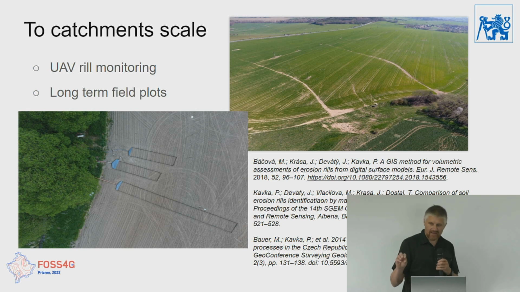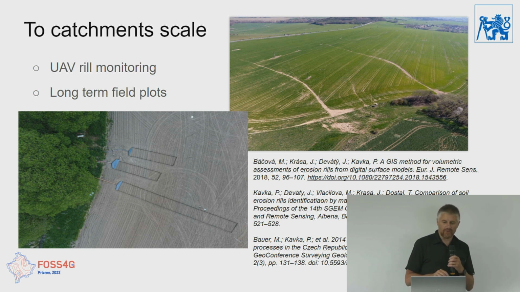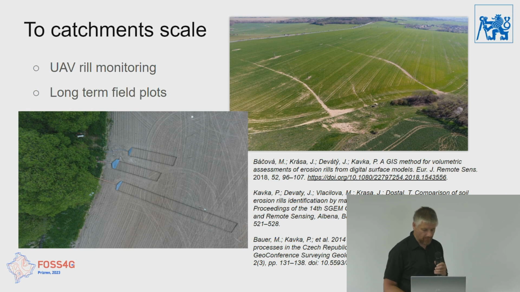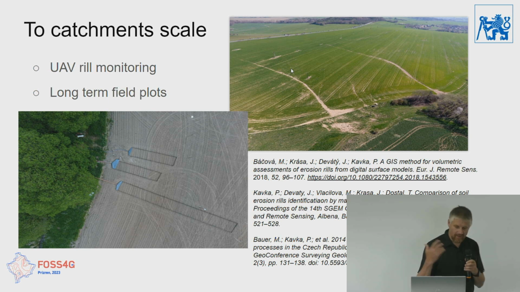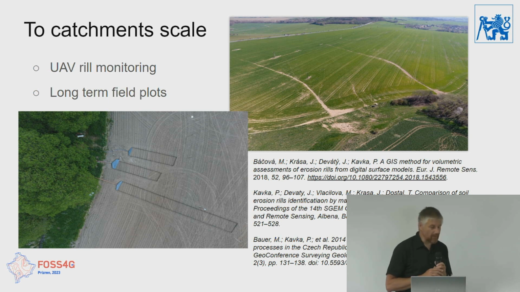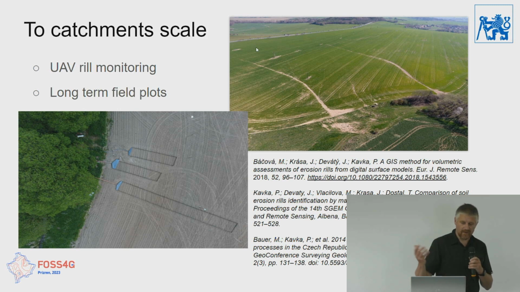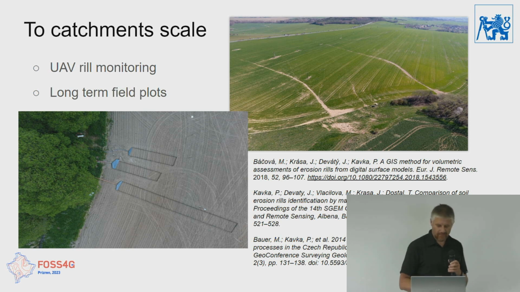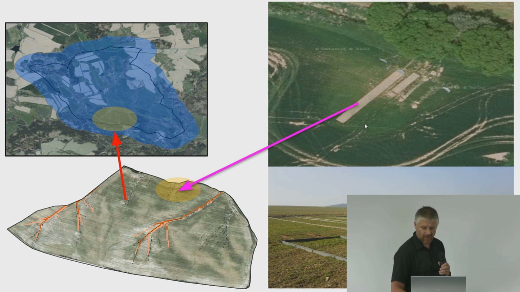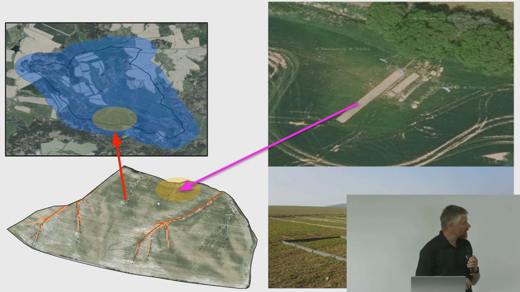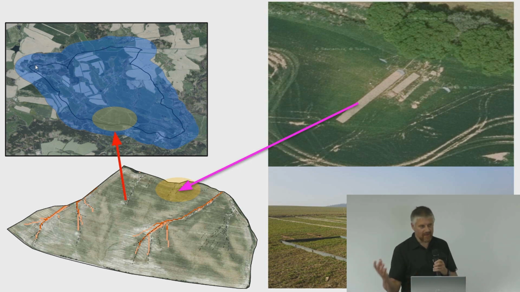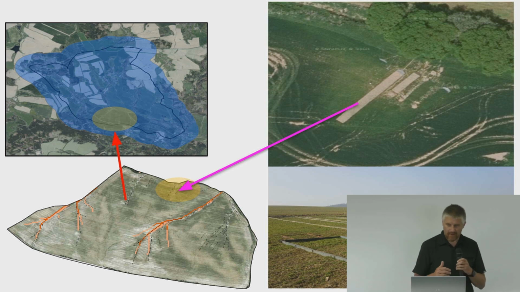From this scale, we need to move back from the small scale to the catchment scale. You can see here that we also use UAVs and long-term field plots to detect where the rills are, where we can see the processes. To move from the small scale to the field scale and back to the small catchment scale, we need modeling.